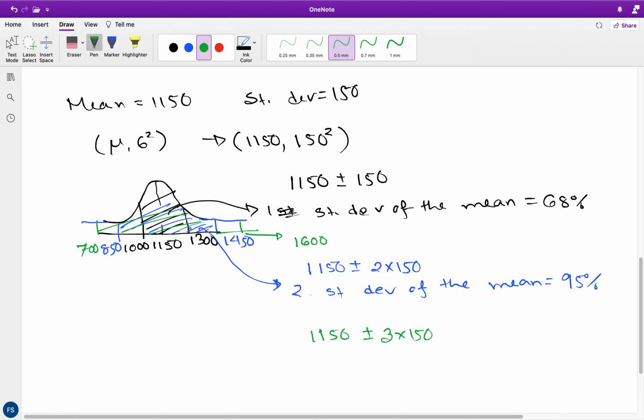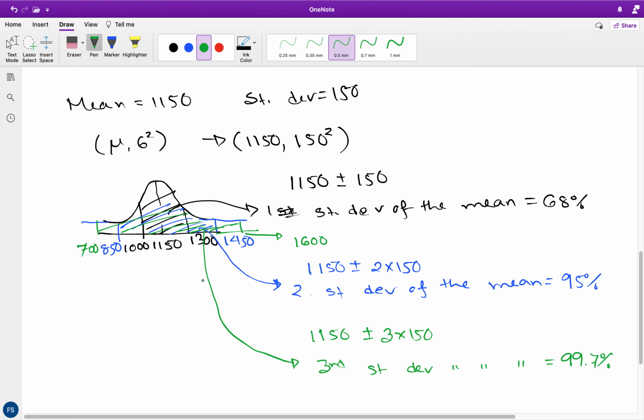Now this is the third standard deviation, and if you calculate the probability, the area under it, it's always going to be 99.7%. Please remember this, it is very important, and it's always going to be like this: 68%, 95%, and then 99.7%.